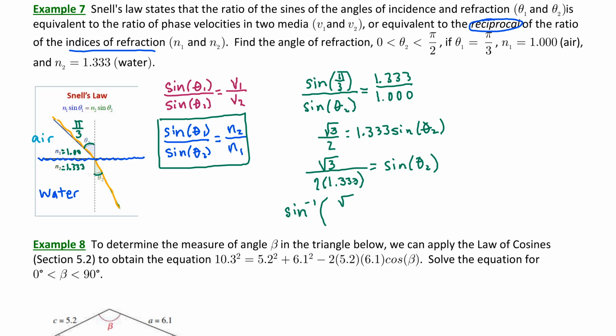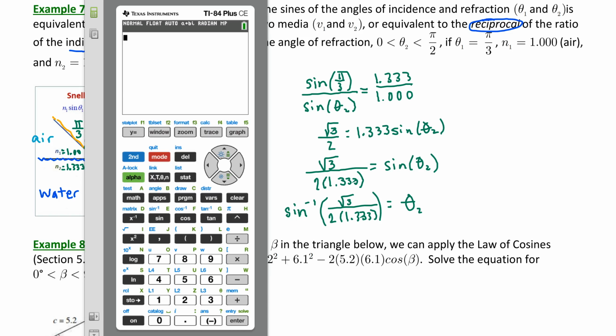So we're applying inverse sine to both sides. We're going to evaluate this as inverse sine of square root of 3 divided by 2 times 1.333. And that's going to give us the angle of refraction, theta sub 2, and we're working in radians here. So first check to be sure that your calculator is in radian mode, and then we're going to evaluate inverse sine of the square root of 3 divided by, now we've got to be careful here because I have an operation going on in the denominator.